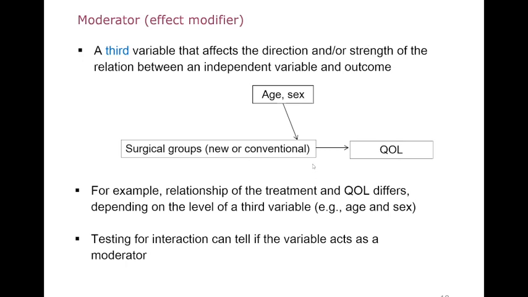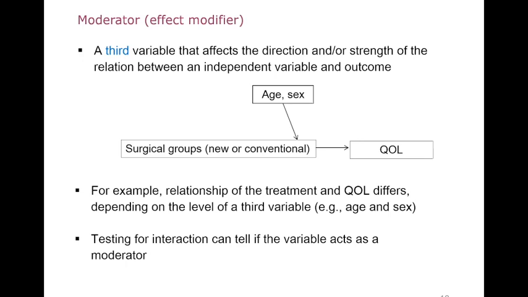Now sometimes it may be the opposite relationship. For some other studies, you might see a positive relationship between the surgery, a particular treatment, and improved quality of life only in older people, but not in younger people. Younger people may see the opposite relationship.